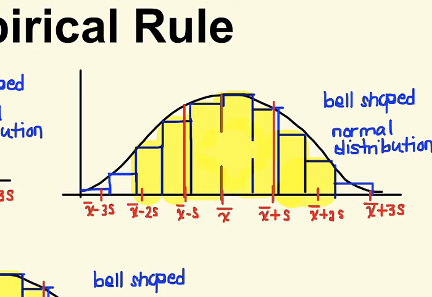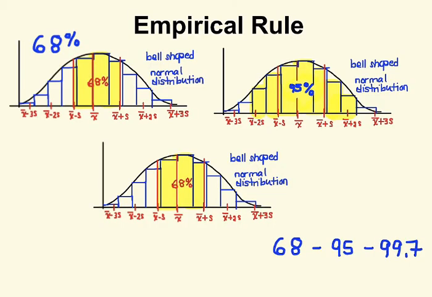Okay, so this is going to be 95% of our data is going to fall within 2 standard deviations above and 2 standard deviations below our average or mean value. So we'll put the 95 up here.